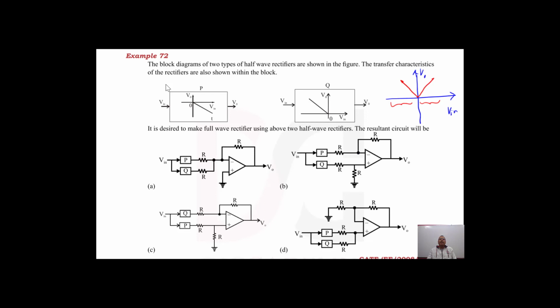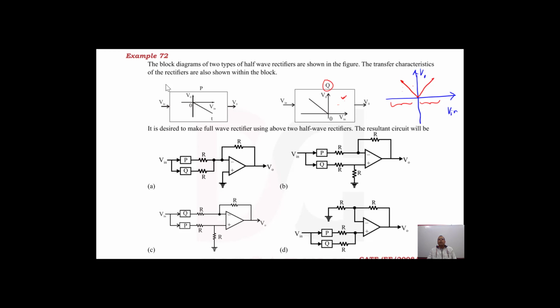Now if you match these characteristics, the characteristic of this rectifier Q is the same as this part. So without inversion, we can directly get this part of the characteristics from this. You can see both are matching with each other.